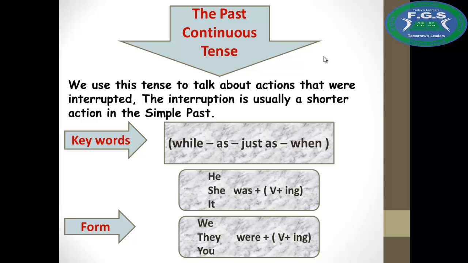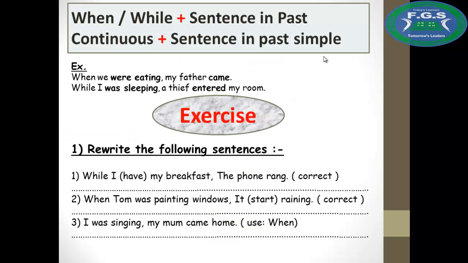The form of the past continuous, he, she, it, plus was, plus verb ing. For the plural, we'll say we, they, and you, plus were, plus verb following by ing. Okay, we have when or while, plus sentence in the past continuous, and sentence in past simple.